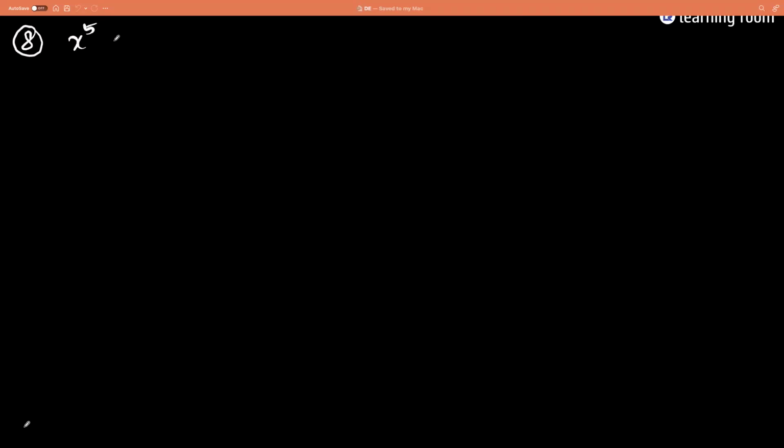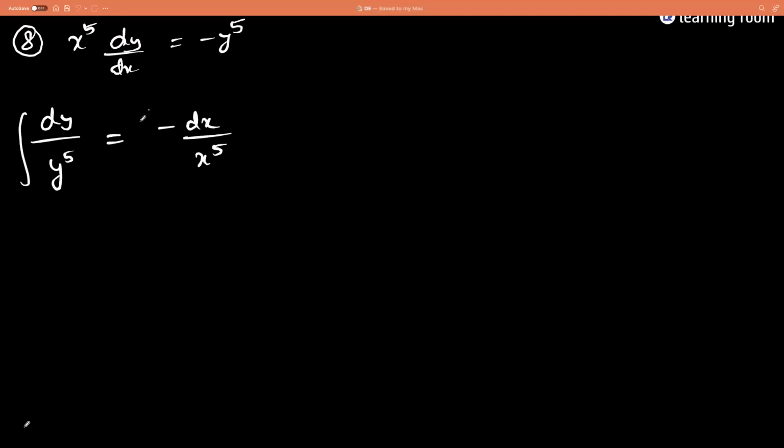x power 5 into dy by dx is equal to minus y power 5. So rearrange it: dy divided by y power 5 is equal to minus dx divided by x power 5. Integrate on both the sides.